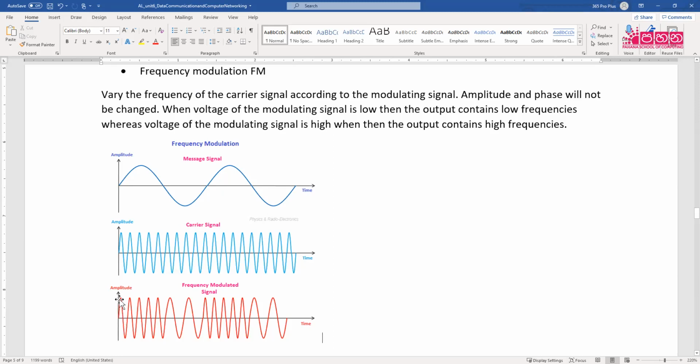So there's no change for the amplitude, it will be same in the resulting one, but you will see the frequencies were changed. When the value is low, then the frequency is also low. When the value is high, frequency is also high. And this is called frequency modulation.